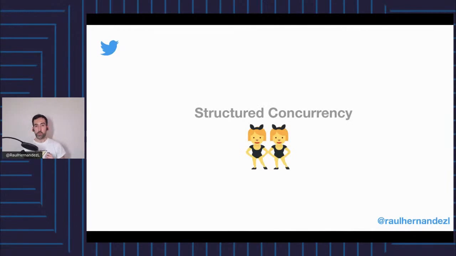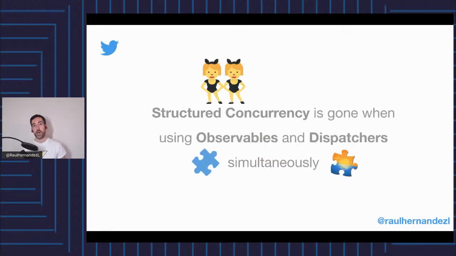Also, structured concurrency is super cool because we have a few advantages, like recursive cleanup, or we can have completable flows. That's an observable that is completed by itself. Also, we have backpressure that I didn't mention, but you also have backpressure with flows. But the problem with structured concurrency is that when we are doing this migration, it's gone.